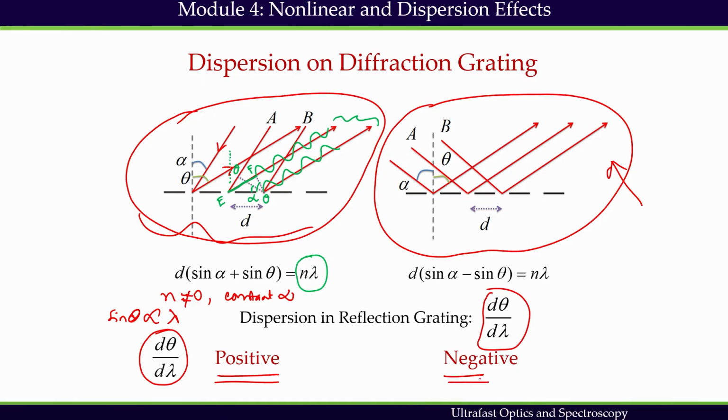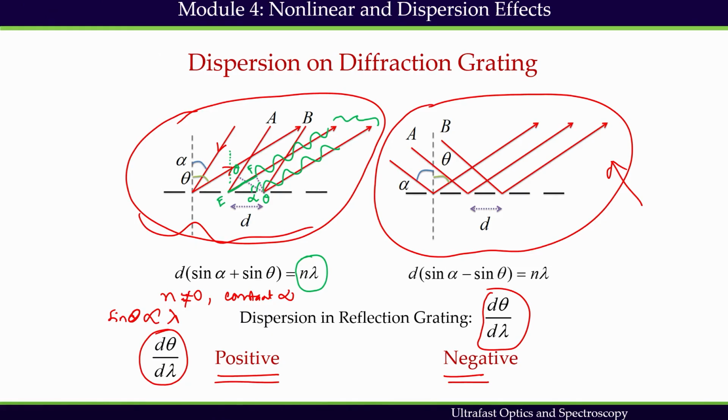So depending on which side they are, it can be positive or negative, and this d theta d lambda is nothing but dispersion, which means the angle of diffraction will change depending on the wavelength. So this theta will depend on the lambda.